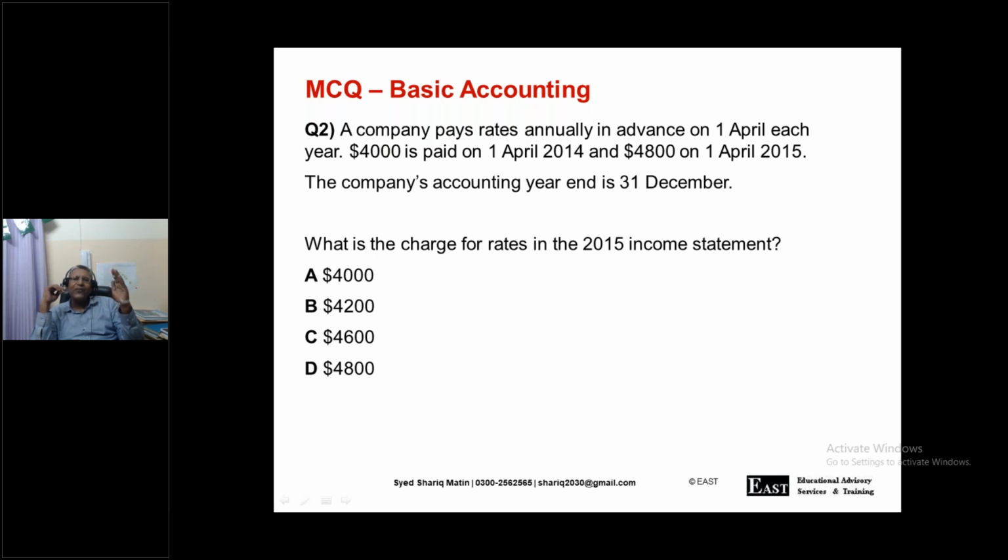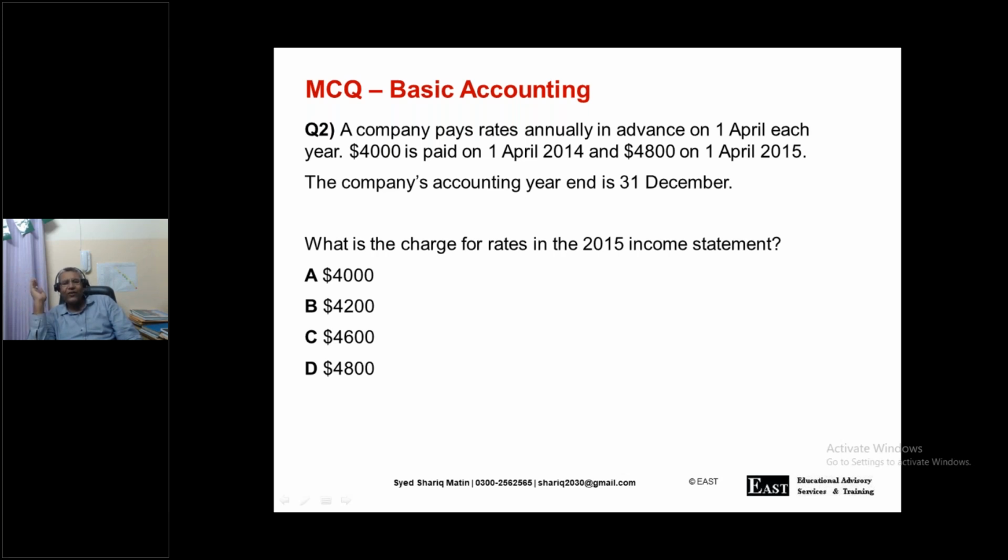So from April the 1st, it will last to March the 31st, 2015. And on April the 1st, 2015, you made another payment for 12 months, lasting till March the 31st, 2016.